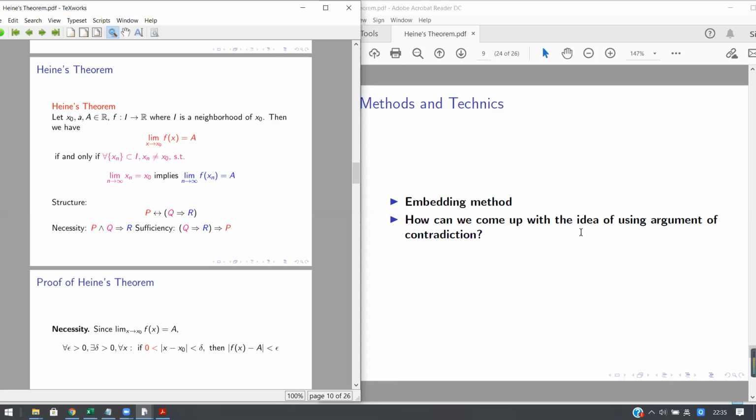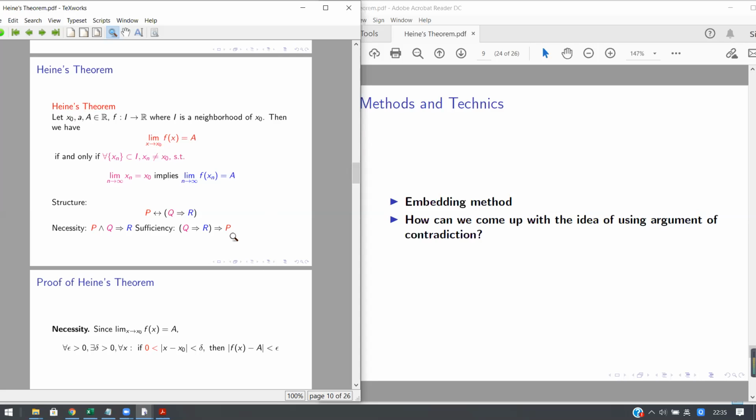The argument of contradiction. Why? Because the argument of contradiction provides us with an extra condition, right? When we use the argument of contradiction, we assume P is not true, which plays as an extra condition.